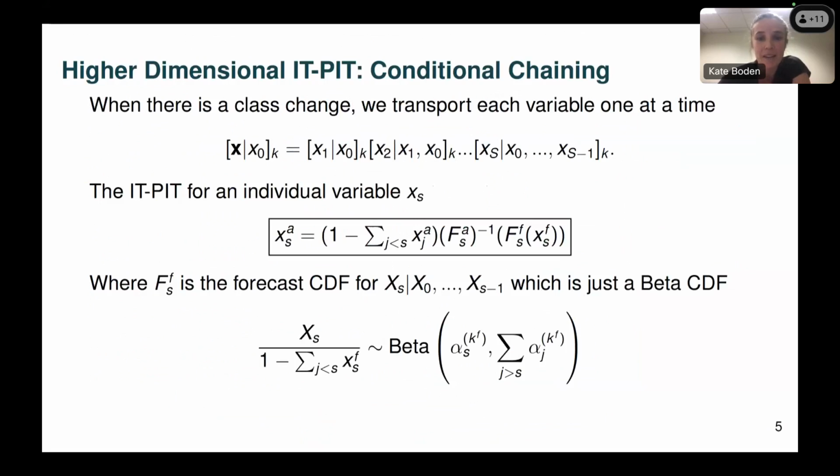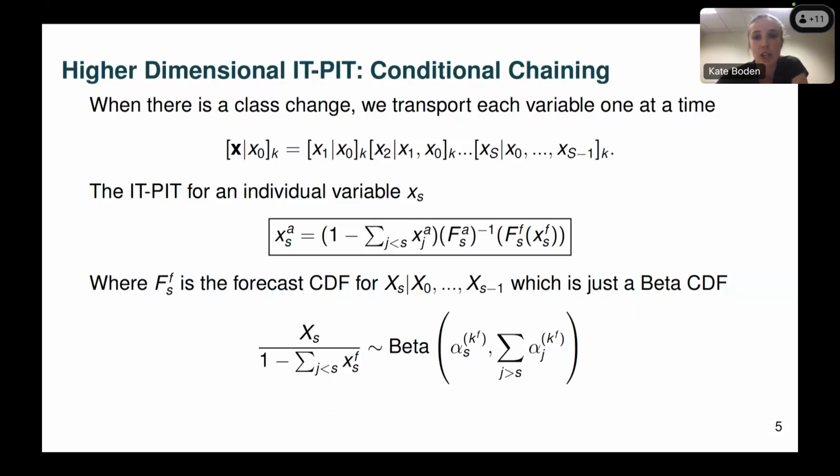Maybe this is a higher dimensional integral transform. Normally in a probability integral transform, you pass a random variable through its own CDF to produce a uniform random variable. And if you want to generalize that to a higher dimensional case, we use this idea of conditional chaining, where we break the problem into a whole bunch of univariate problems.